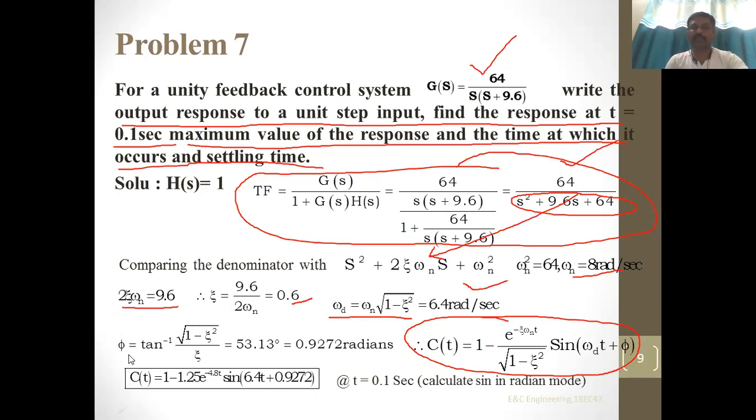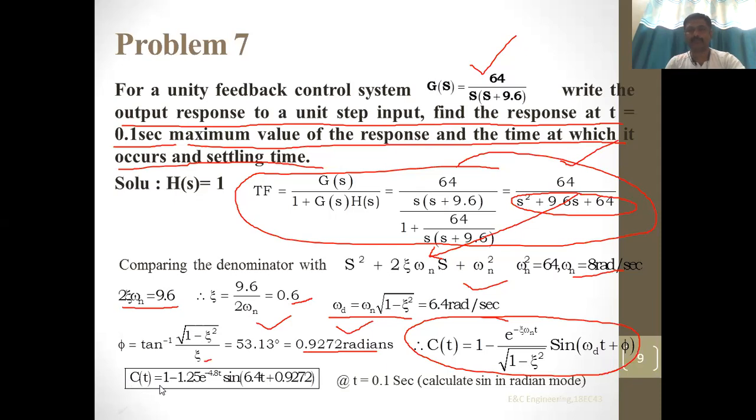Then phi, how do I find phi? Tan inverse of root of 1 minus xi square divided by xi. This can be in degrees or in radians; better to evaluate in radians. Once you evaluate all these values, you need to substitute them into 1 minus e power minus xi omega n t divided by root of 1 minus xi square into sine of omega d t plus phi.